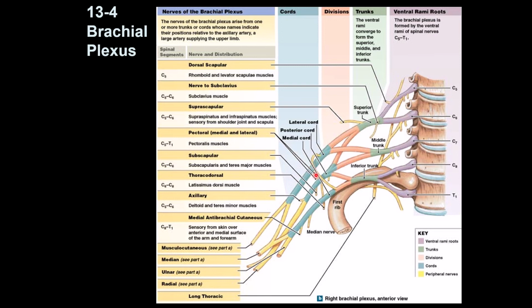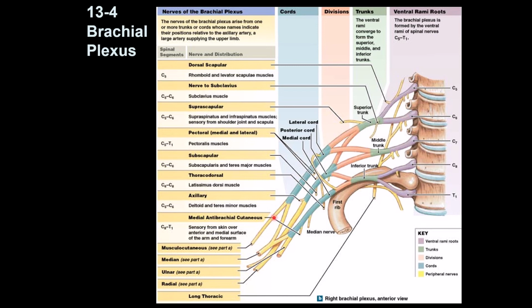So you can see this area. And also this one is called the subscapular nerve, and that is for subscapularis and teres major. And this one is called the thoracodorsal nerve, and that is for latissimus dorsi muscle. This is the axillary nerve, which is for the deltoid and teres minor.